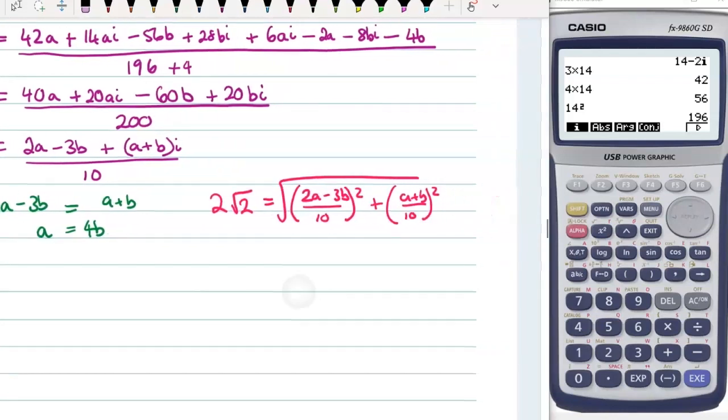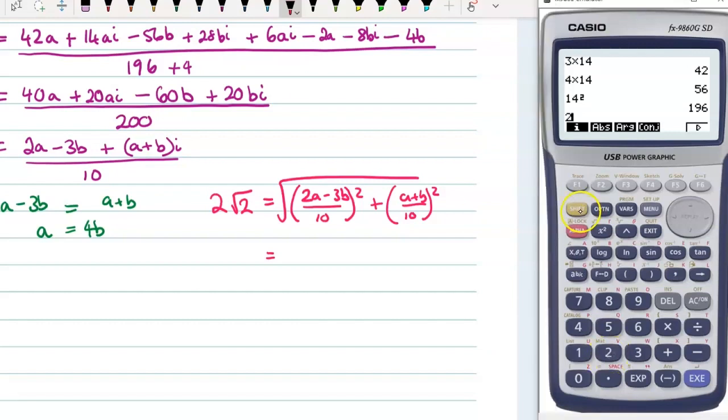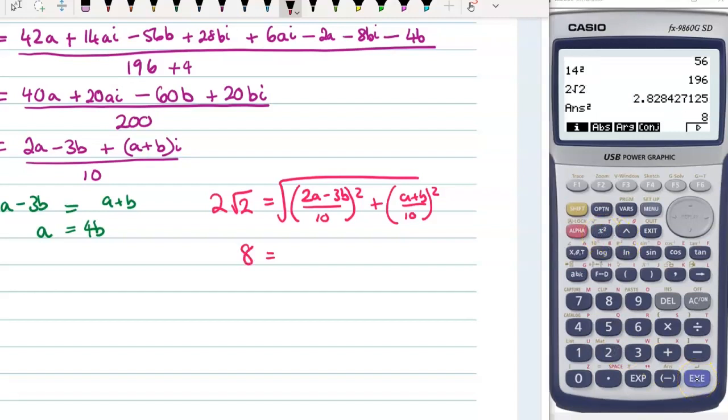Okay, so what I'm going to do first of all is square both sides. So if I put in 2 root 2 and square that, that will give me an 8 is equal to, now 2a on the top there will be 4b times 2, so that'll be 8b minus 3b over 10 squared.